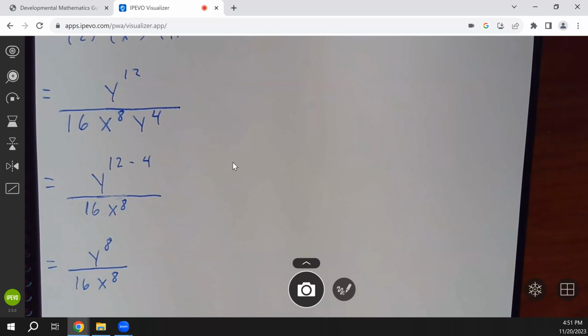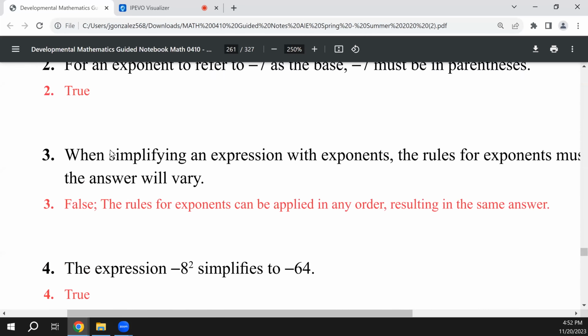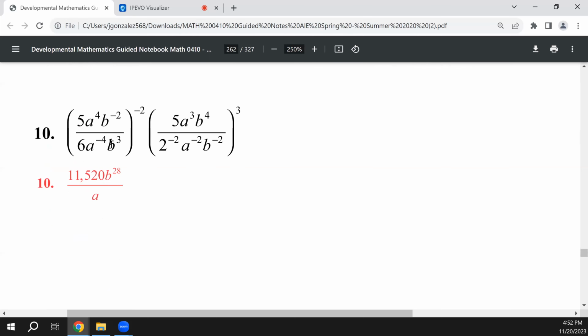The next one is the hard one. I don't know, this one is just gross looking. What we're gonna have to do is work on them separately, get a bunch of stuff to come out, and then see if we can cancel things.